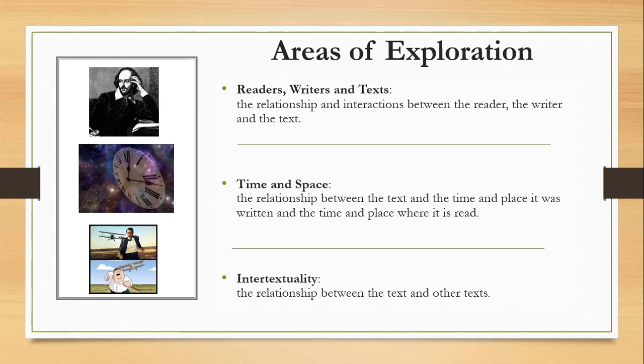And lastly, intertextuality is just a big word for the relationship between texts. All texts borrow in some way from other texts that came before them, and intertextuality looks at what we borrow and why we borrow it and how we borrow it.